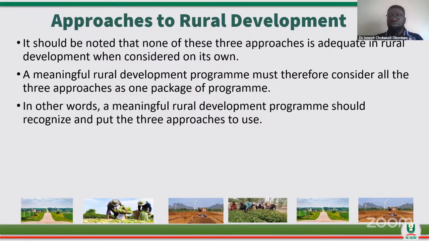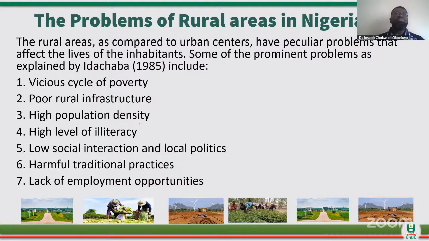No. We're saying that the 3 of them standing alone can't really bring about rural development in themselves. A meaningful rural development program must therefore consider the 3 approaches as one package of program. In other words, a meaningful rural development program should recognize and put the 3 approaches to use, and then you'll have a comprehensive rural development approach being implemented.